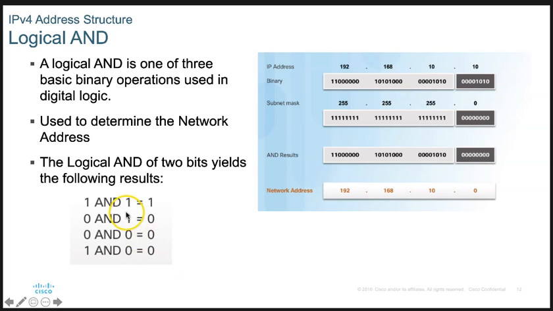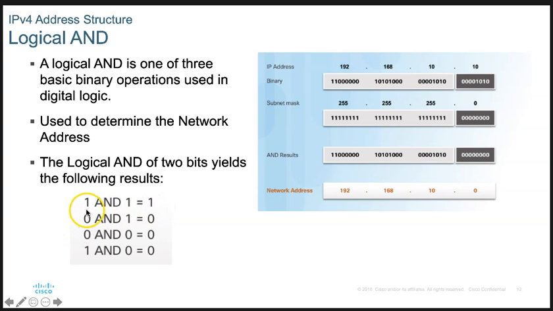To explain this process, imagine you have a light bulb that uses two wires, and each wire is connected to a switch. The question we're trying to answer is when the light is on. The light is on only if both switches and both wires are on.